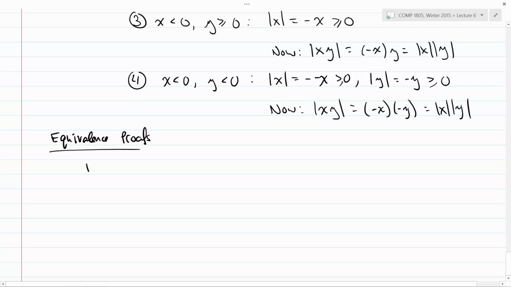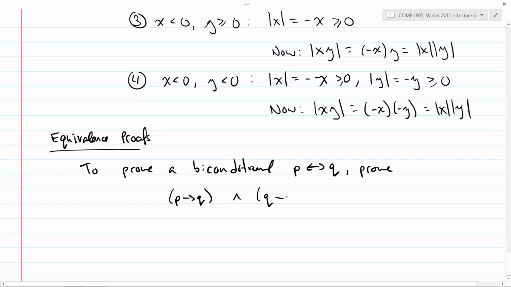So, to prove a biconditional, P if and only if Q, you do 2 proofs. You prove P implies Q and Q implies P. And you can do those however you like. You could do them directly or indirectly, by contradiction, whatever works.